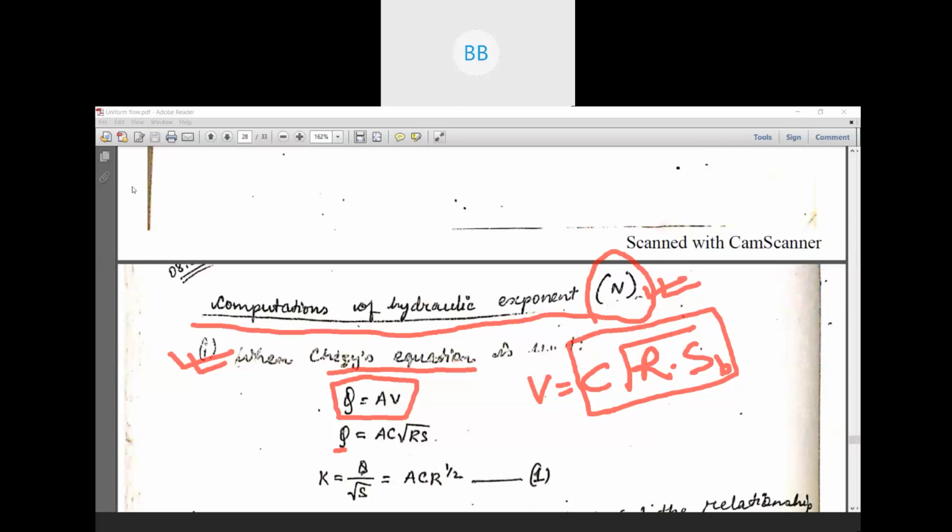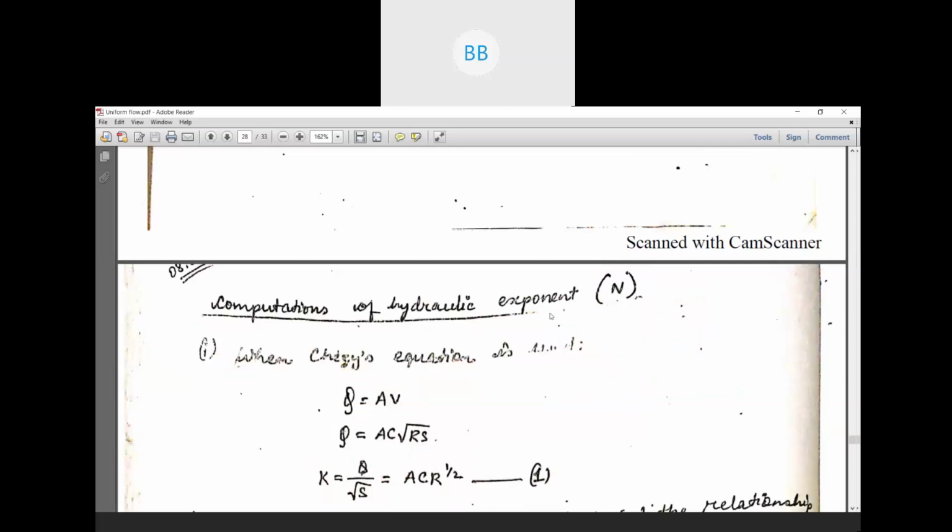For K, we already know this expression: K is equal to Q divided by root over bed slope, which is equal to A C R to the power half. This is equation number one.